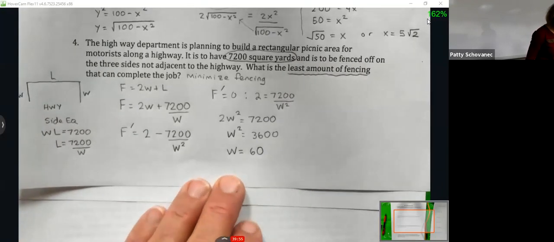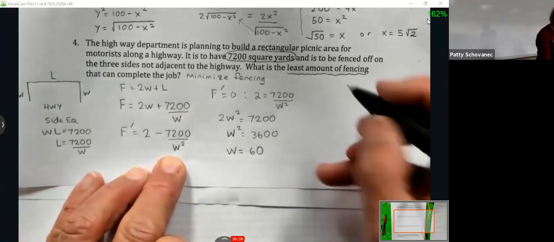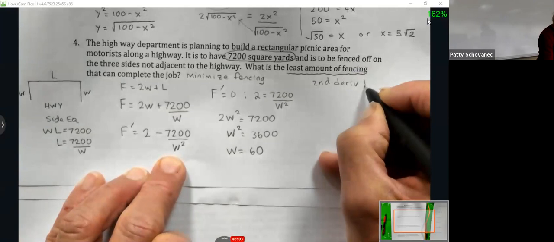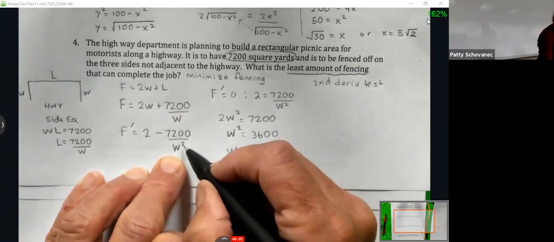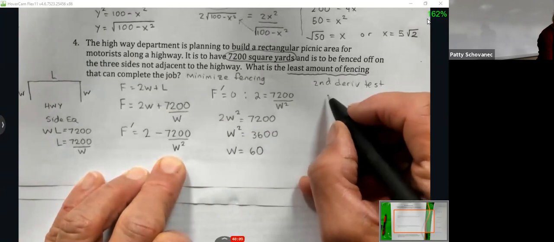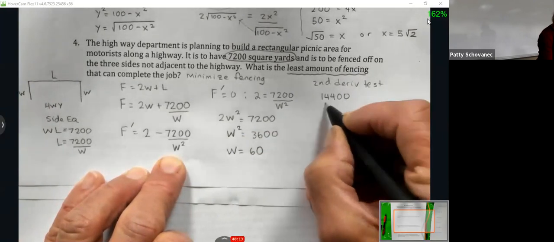I've got room to do the second derivative test. This is a W to the negative 2. So if that's a W to the negative 2 times negative 72 gives me a positive 144 over W cubed.